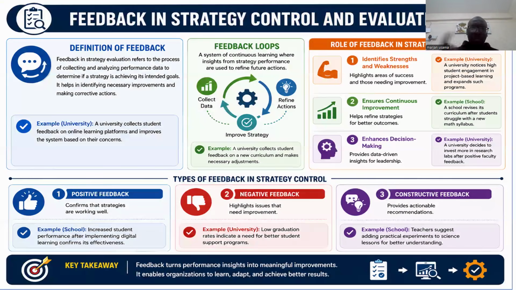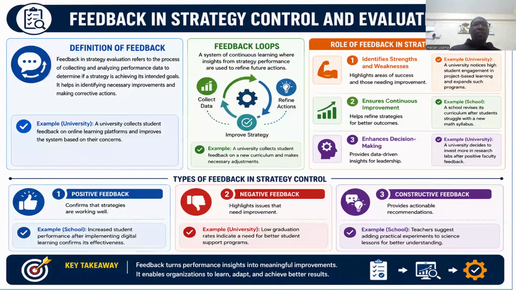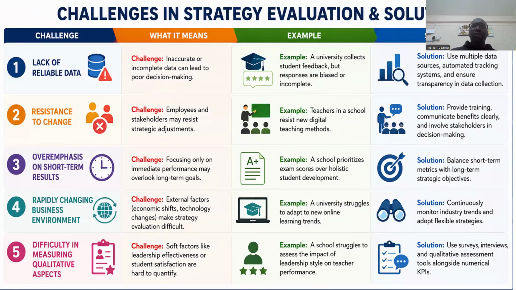Now, the last thing, of course, we have the element of feedback in strategic management and in strategic control and evaluation, and why it's important. We don't have enough time. So what are the challenges in strategy evaluation and what are the solutions?